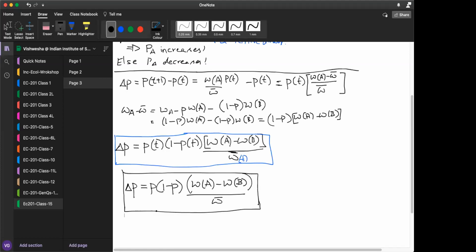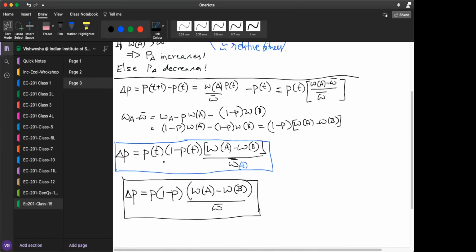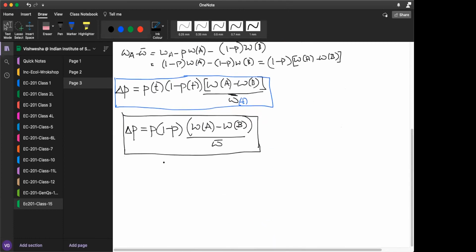Okay, so let's look at simple implications of this simple equation. So what does this imply? We can again think of equilibrium points here, right? Which are the equilibrium points? Whenever delta P is 0, we have equilibrium, which means either P star is 0.